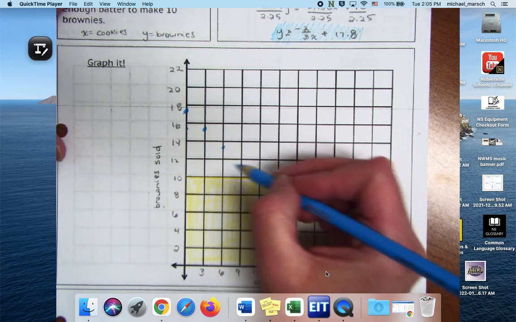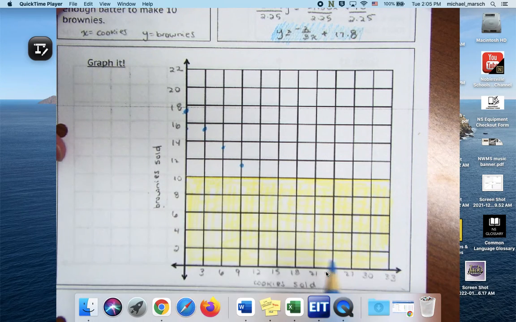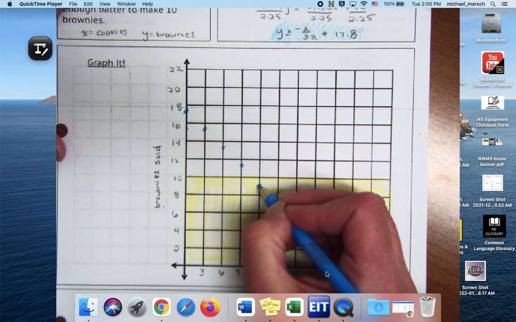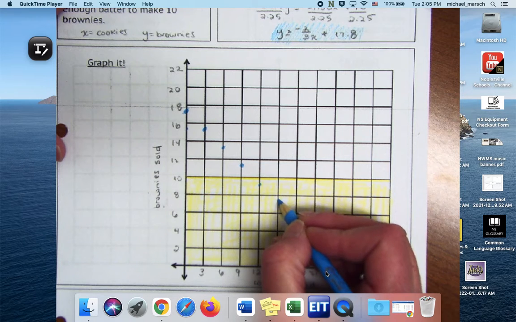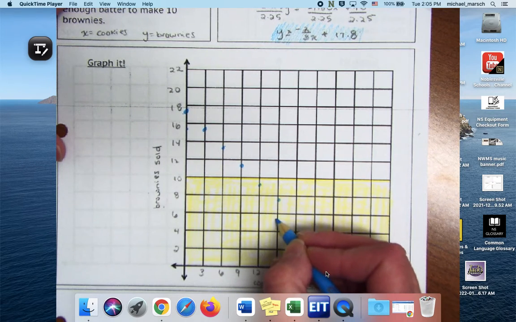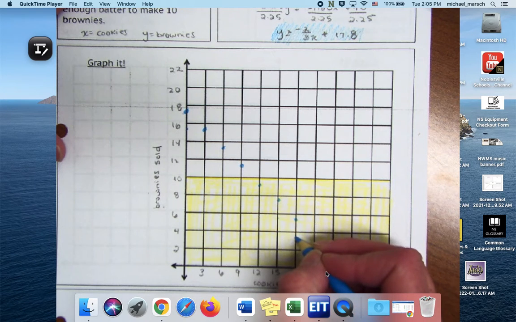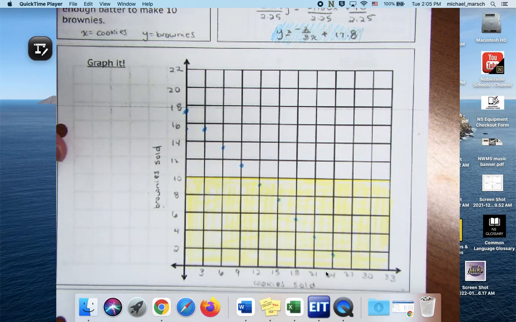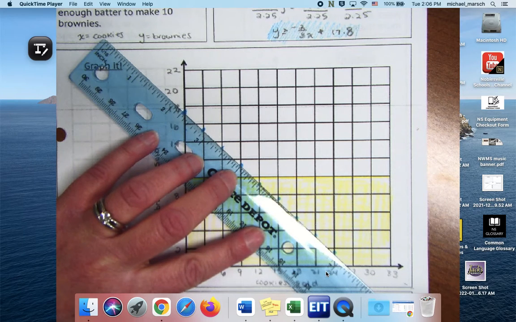Down to 11.8 over 3. Does everybody see what I'm doing there? I'm paying attention to the increments. 9.8 over 3. 7.8 over 3. Oops. This is also going to be a solid line.